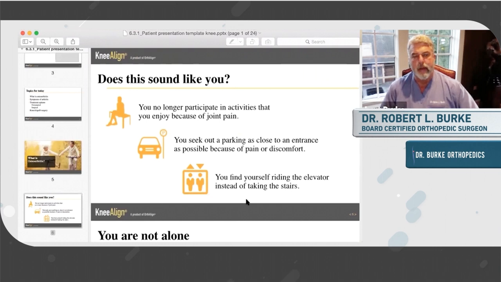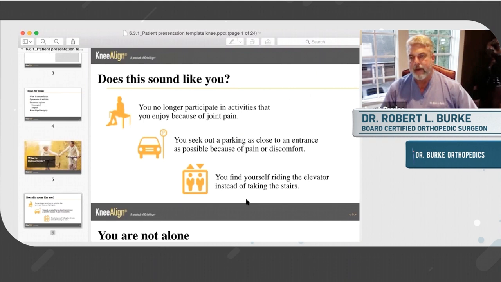One of the biggest problems that patients have with osteoarthritis is loss of functional ability, such as being able to participate in activities such as golf or tennis, or being able to exercise, or being able to go out and go for long walks with your family or children.